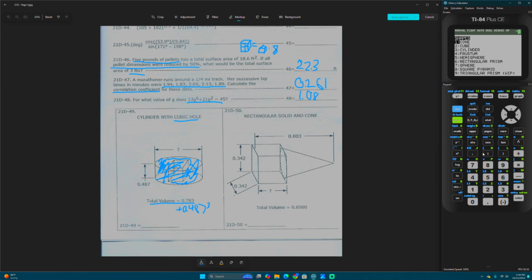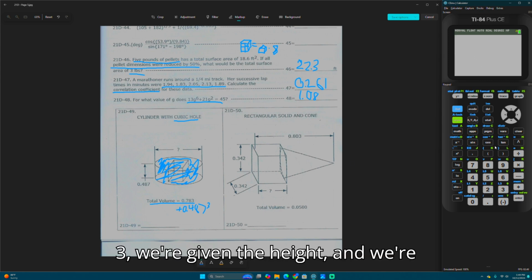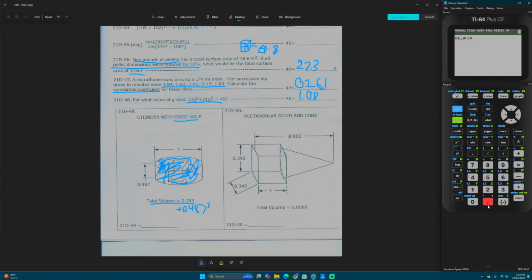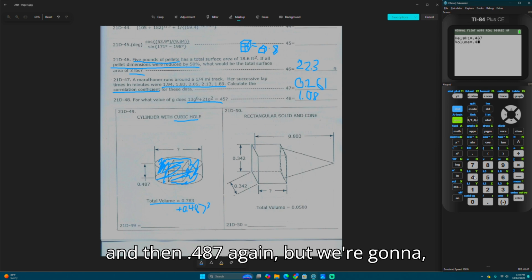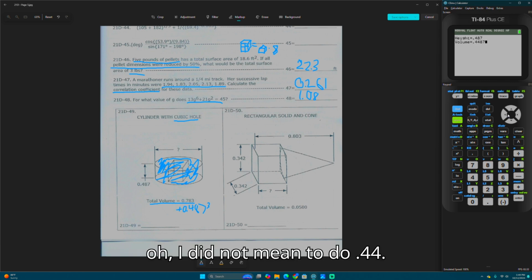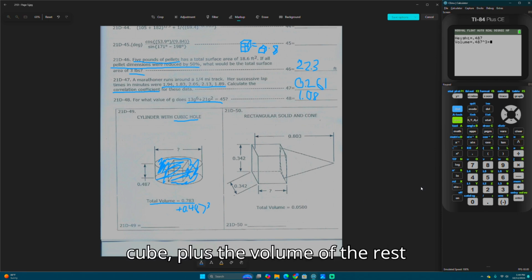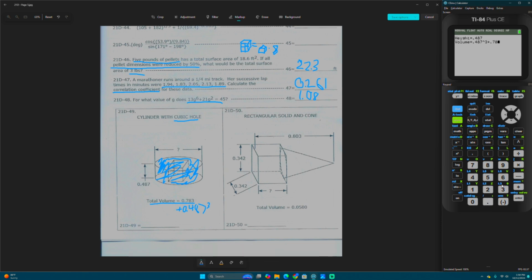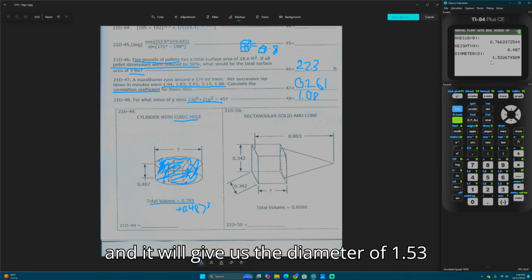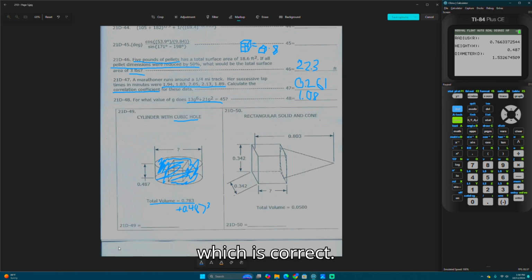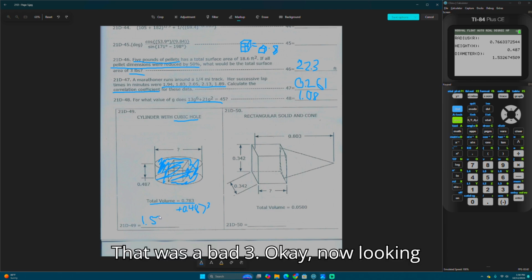So cylinder 3, we're given the height and the volume. 0.487 is the height, and then 0.487 cubed, that's the volume of the cube, plus the volume of the rest of the shape, 0.783. And it'll give us the diameter of 1.53, which is correct.